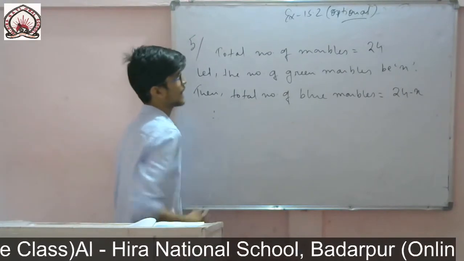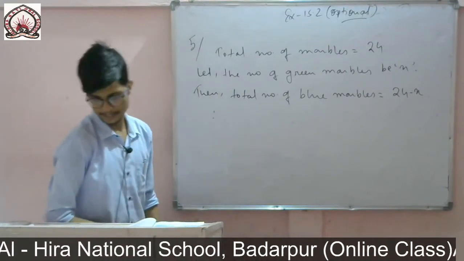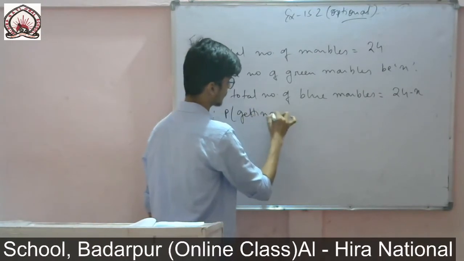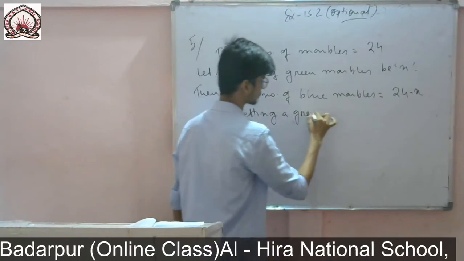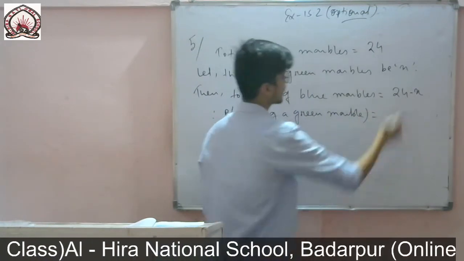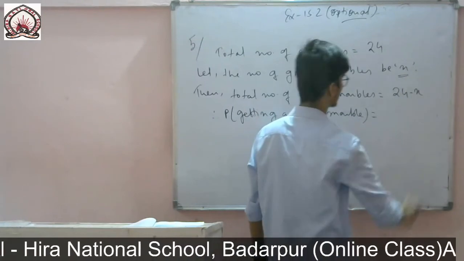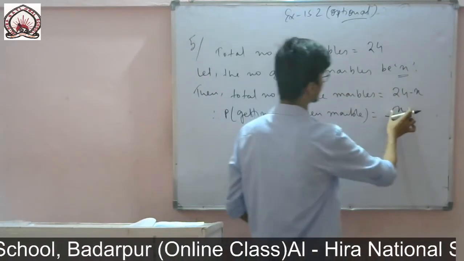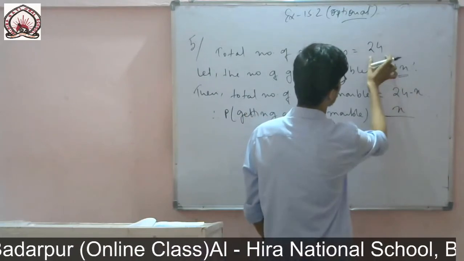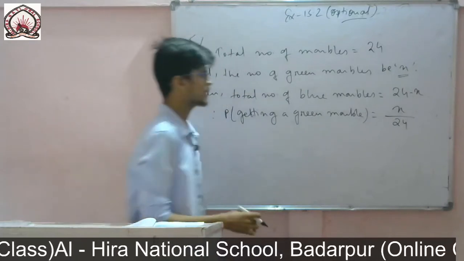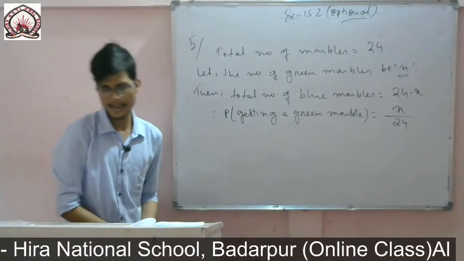So now I can find the probability of getting a green marble. The number of green marbles is x. That means it is the favorable outcome, and this is our possible outcome, so it is 24. So the probability of getting a green marble is x by 24.